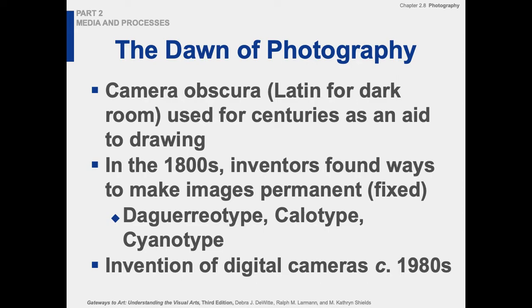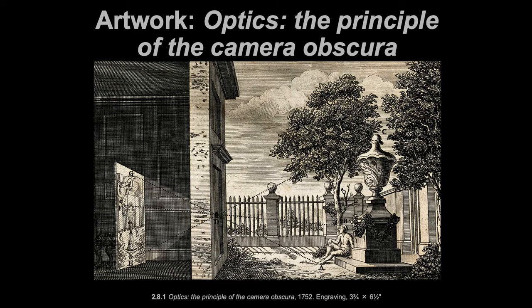It's a little bit earlier in terms of some of the inventions, but the camera obscura happened much earlier, in the Renaissance in particular, but there's even older examples. And what it is, it's a hole in the wall.